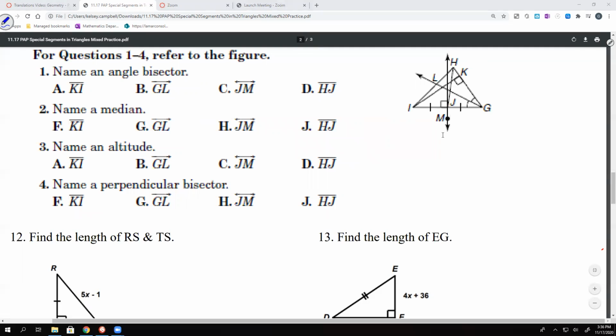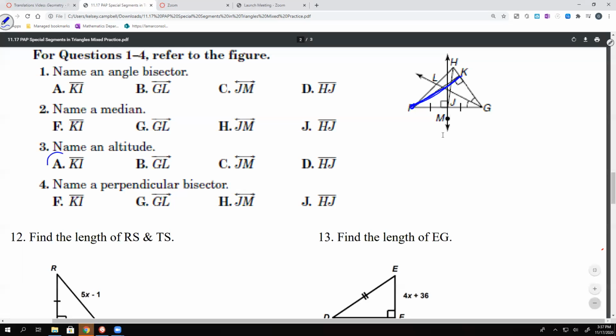Okay, let's talk about an altitude. Which one of these is an altitude? Careful, guys. Altitudes, where do they have to go through? Right. It's KI, because it has to start at a vertex and it makes a right angle over there.